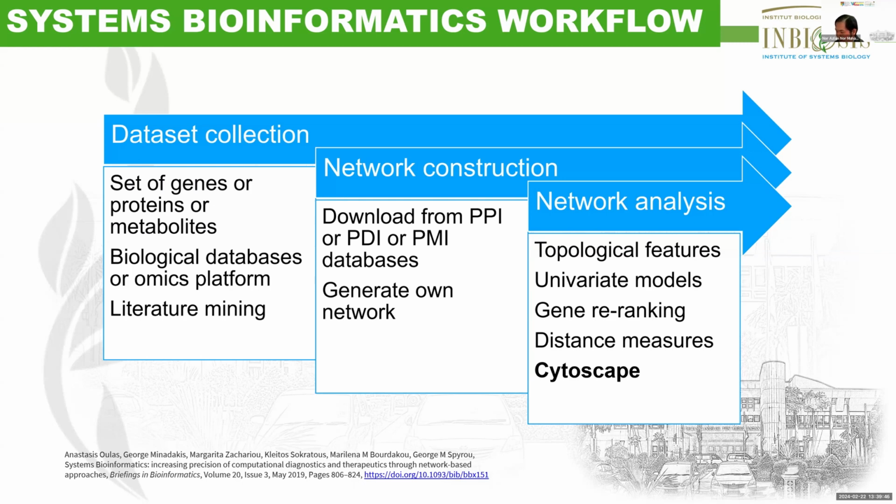Then we have other different analyses. Mostly I see these are very specific methods developed to answer the research question in that specific published paper. And most of these analyses can be implemented in the Cytoscape tool if you want to explore more.